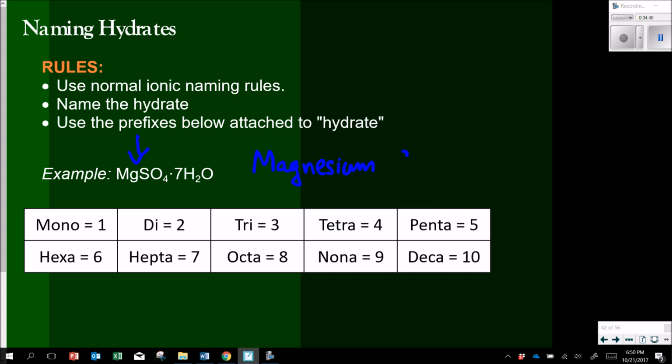SO4 is sulfate. Then I look at my attached water molecules. I have 7 water molecules attached. So the prefix for 7 is hepta. So I say hepta hydrate.